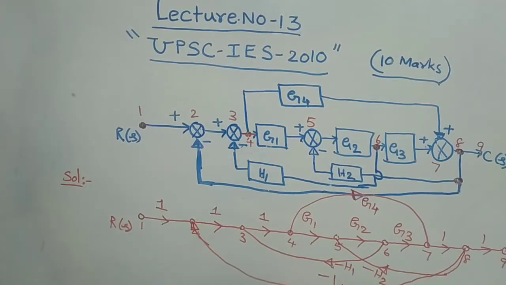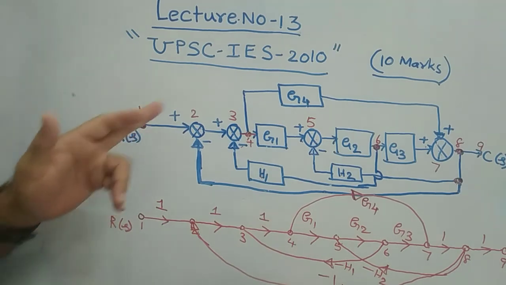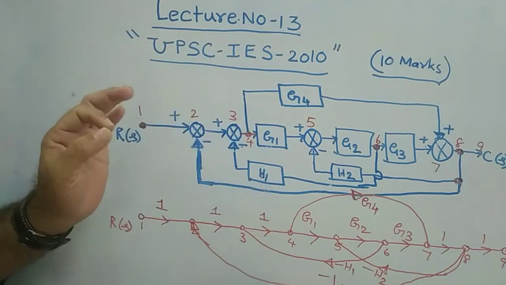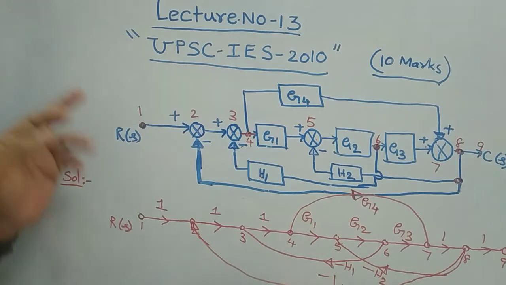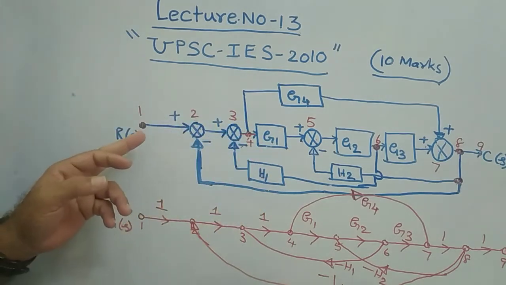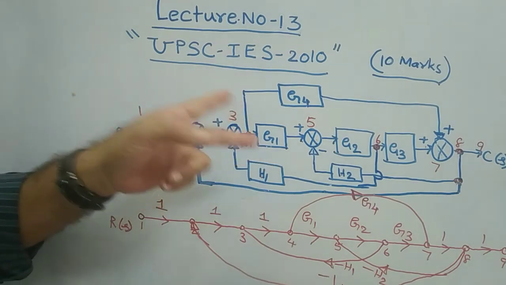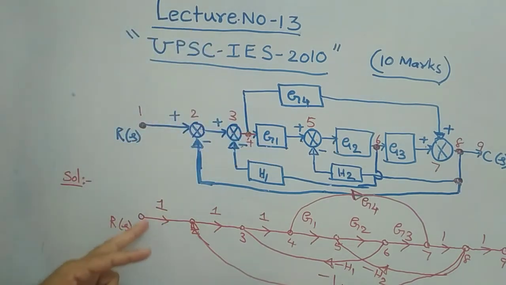Understood? Any doubt in this? Therefore, remember these points very carefully. Each input, output, summing point and takeoff point must be considered as a node. Identify the nodes in the block diagram itself, count how many nodes you have, and represent them like 1, 2, 3, 4, 5.